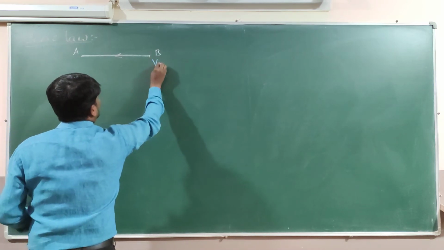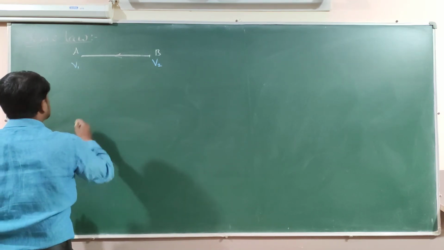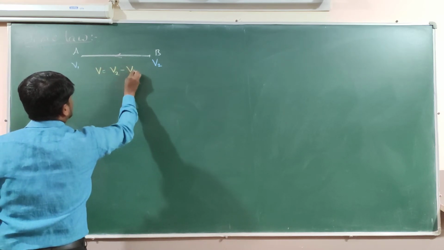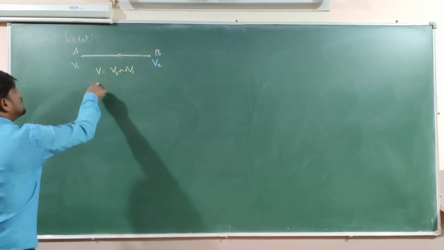So let me take this as V2, this as V1. If I write the potential difference between them, let me write V is equal to V2 minus V1, or V2 difference V1 like this. So potential difference is there.